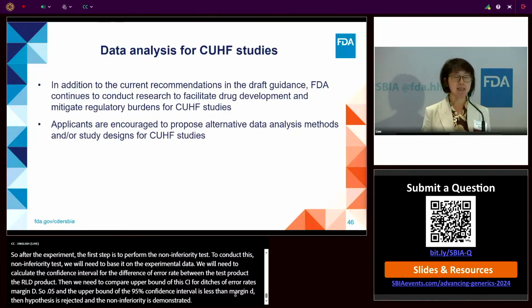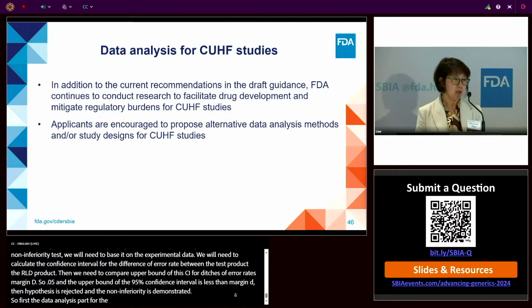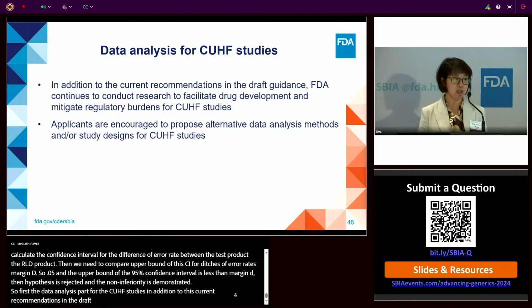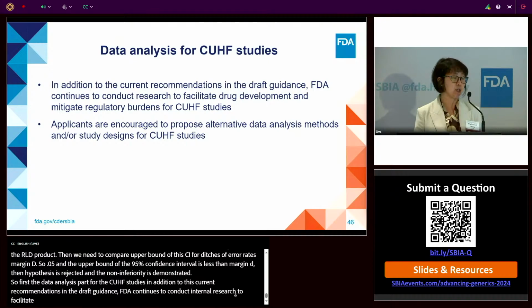So for the data analysis part for the comparative use human factor studies, in addition to these current recommendations in the draft guidance, FDA continues to conduct internal research to facilitate drug development and mitigate regulatory burdens for the human factor studies.